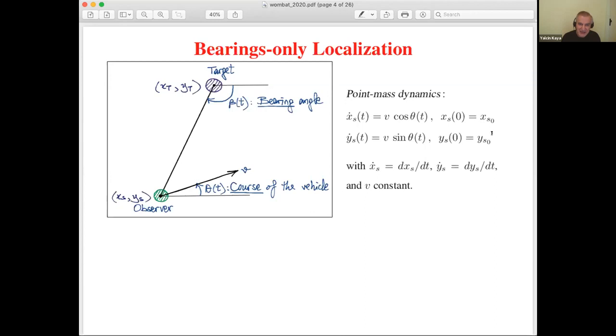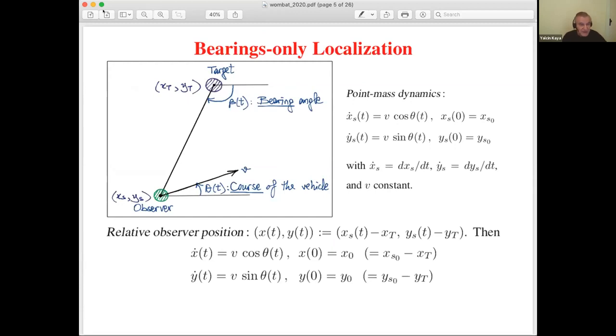It starts at an initial point, and we define the relative observer position in order to write down the overall kinematic equations neatly.